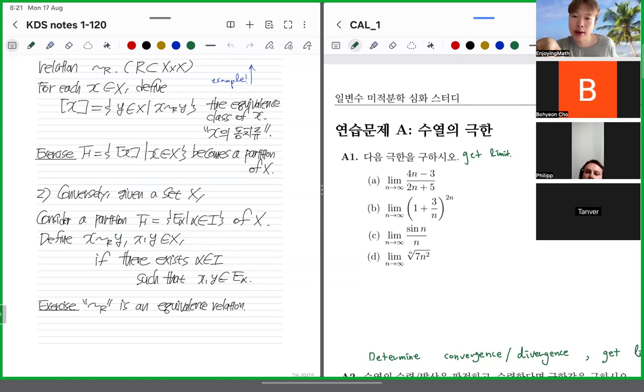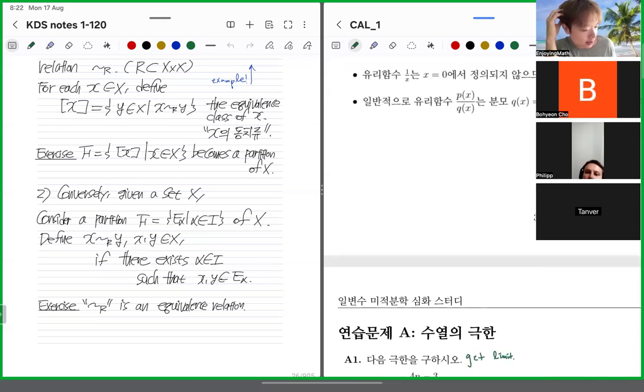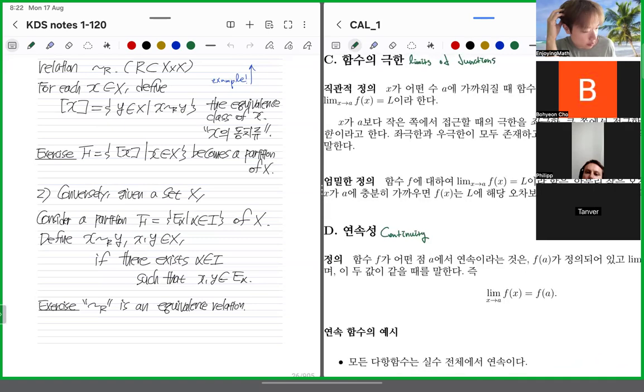So in this case, it's e to the power of 3 times 2.